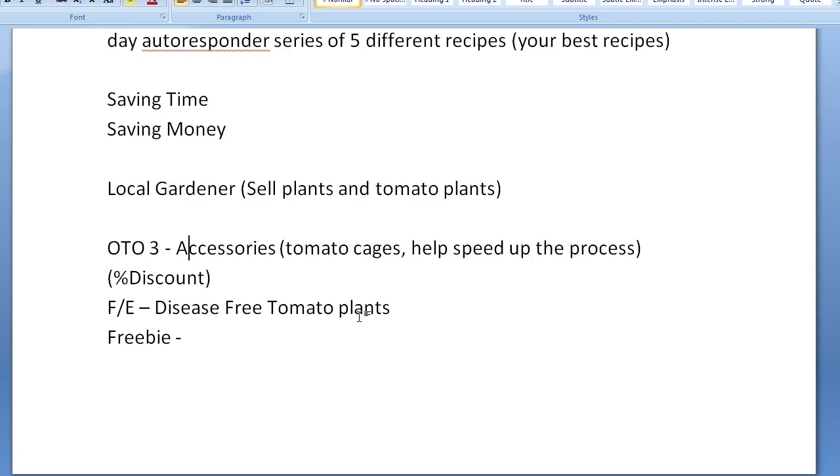So essentially you're taking a piece of it, it helps speed things up, disease-free. And I'm just making stuff up, stuff like don't need to water as much, so that would save time, and half the cost. So that would also save money.